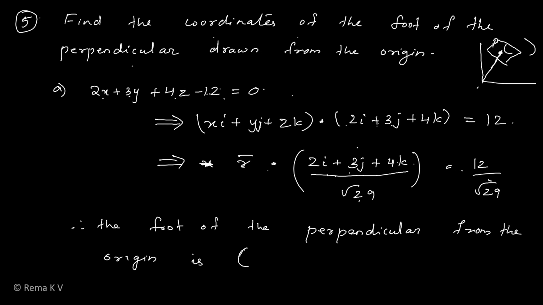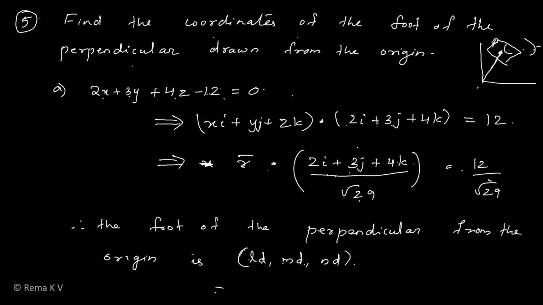So you are going to find the coordinates of the point P. To get the coordinates of the point P, we can use this LD, MD and ND, where L, M and N are the direction cosines of the plane and D is the distance from the origin.